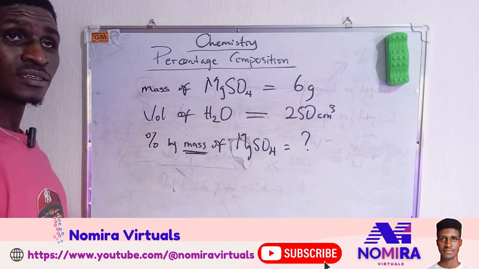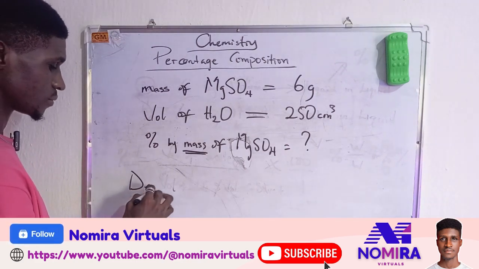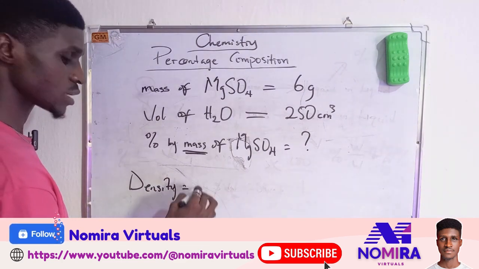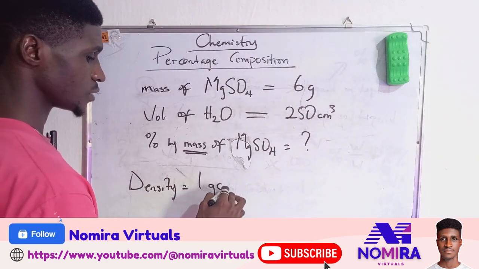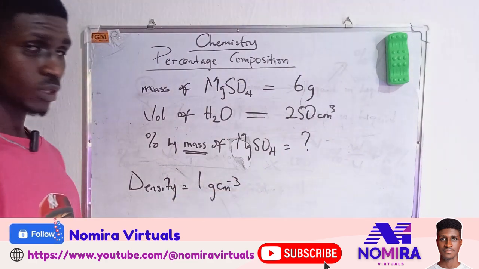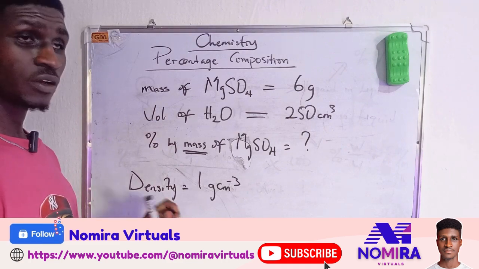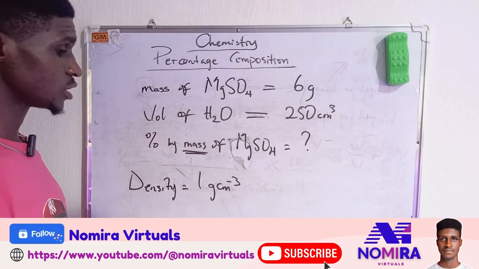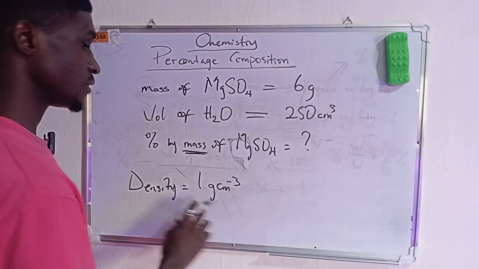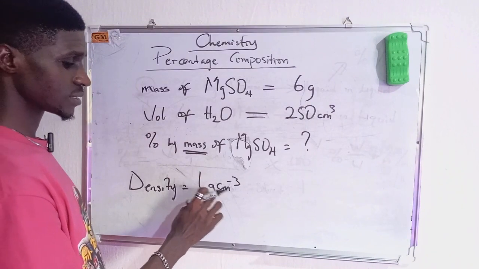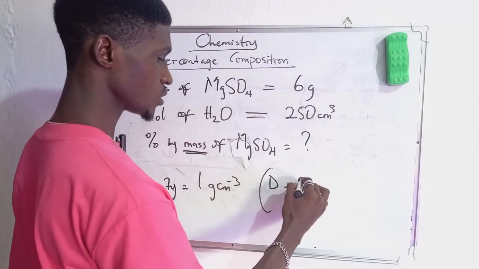Knowing that the density of water is 1 gram per cm cube. This is exactly at 4 degrees Celsius, we know, but generally it is applicable for all calculations under this topic. Now, knowing this, the formula for density is mass over volume.